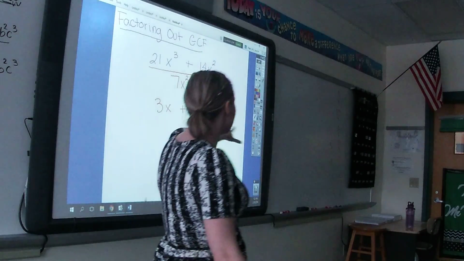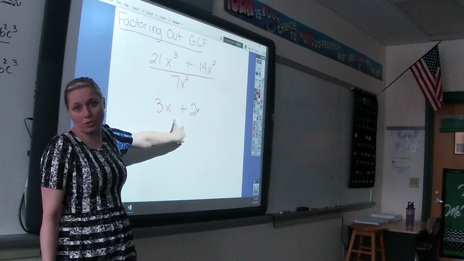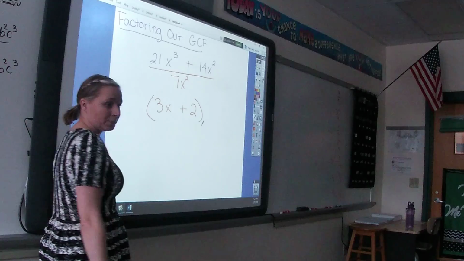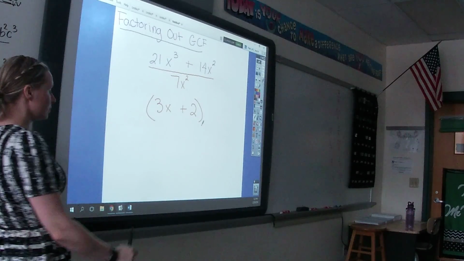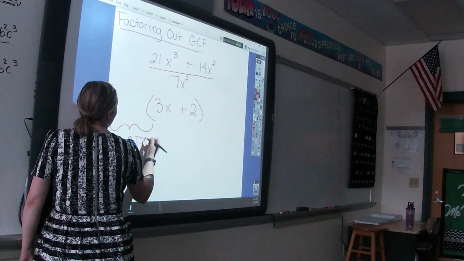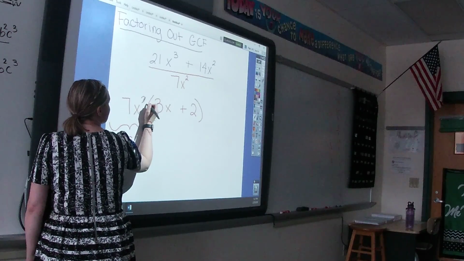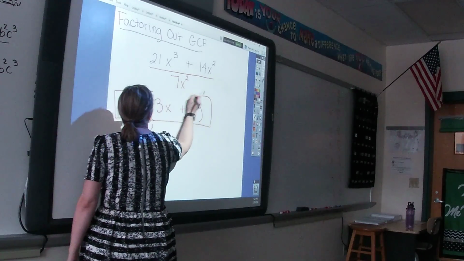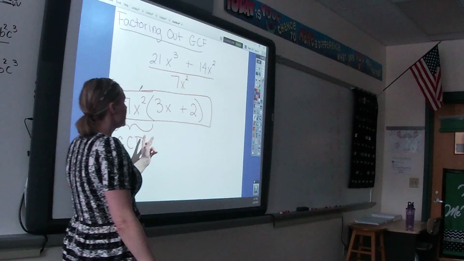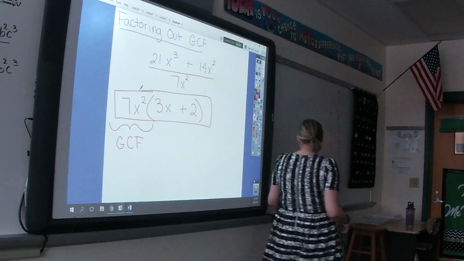To show multiplication with a polynomial when it's 2 terms, multiplication is parentheses, and we're going to put our GCF out in front. So we'll have an answer of 7x squared times (3x plus 2).